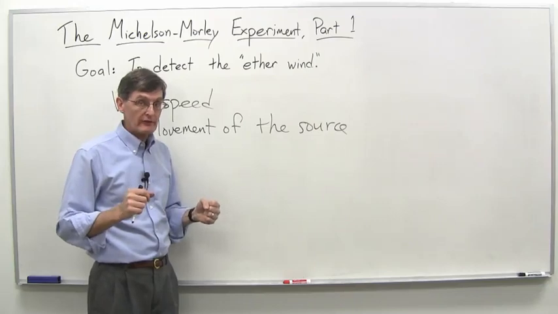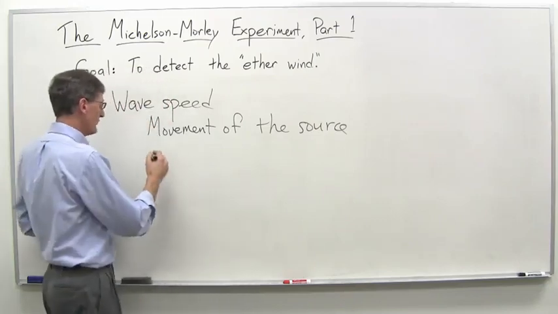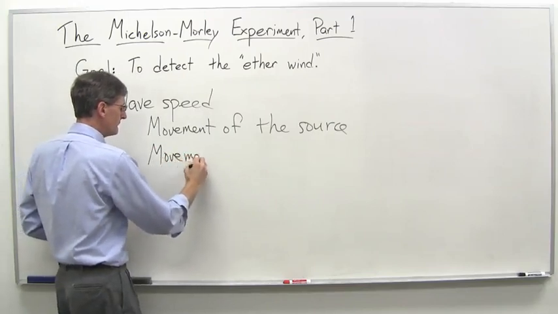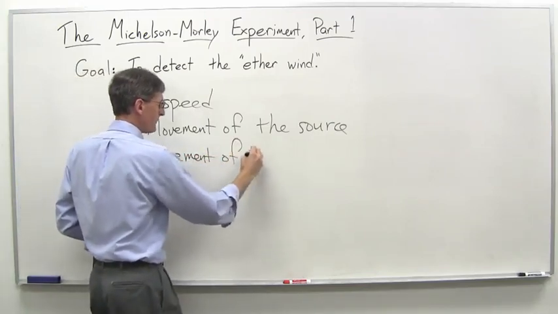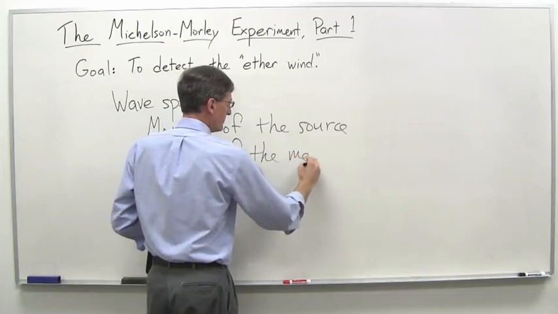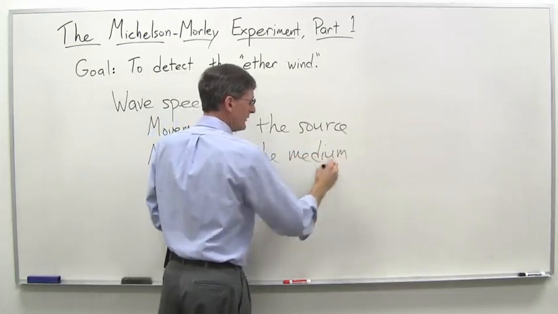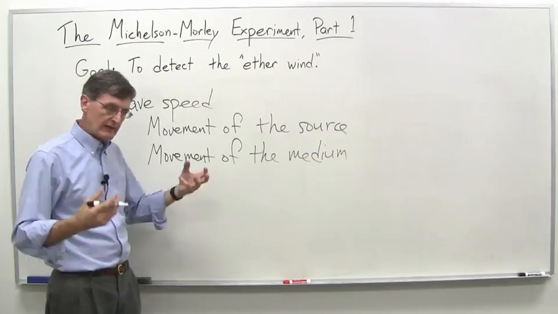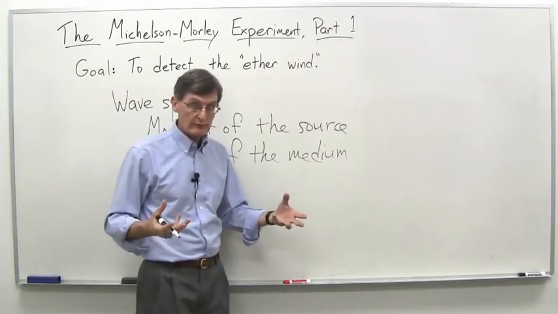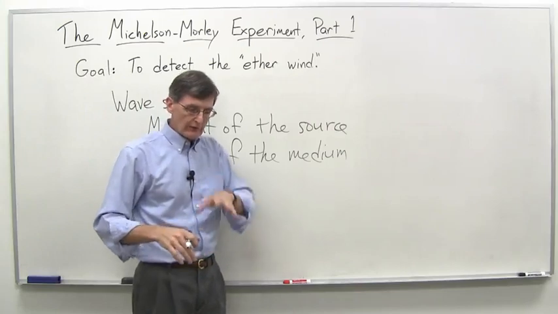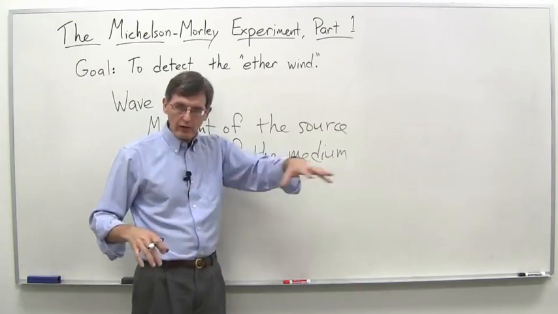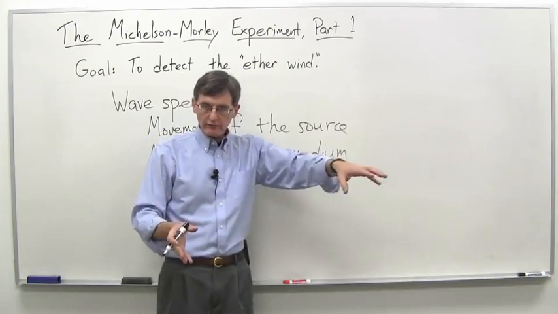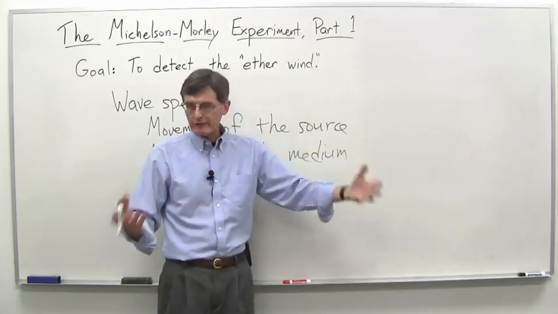But what does affect the velocity of the waves, at least in principle, is the movement of the medium. The movement of the medium does affect the velocity of the waves. And again, the water examples we used, remember, were such that if you have a wave traveling through water, say in a still pond, and you're the observer measuring the speed of the wave traveling through the water there, you get some value.